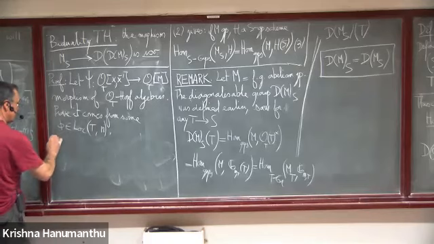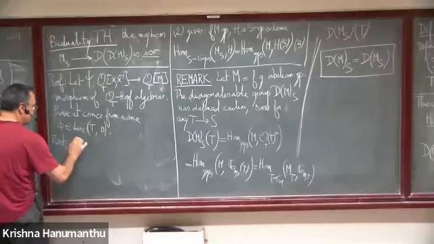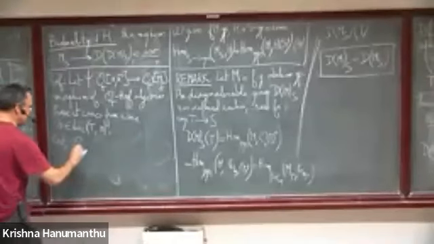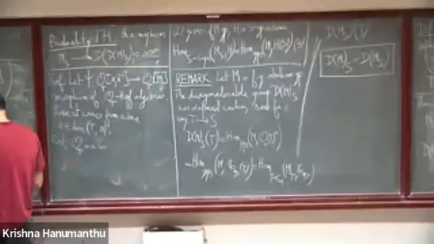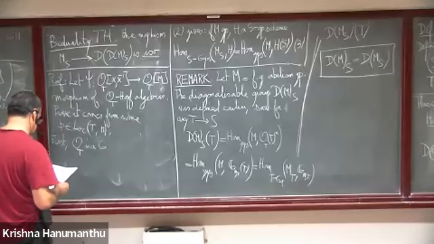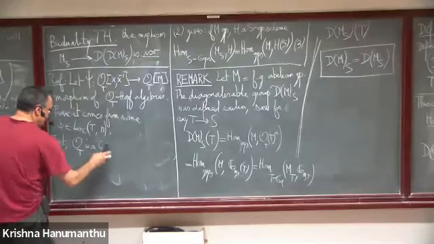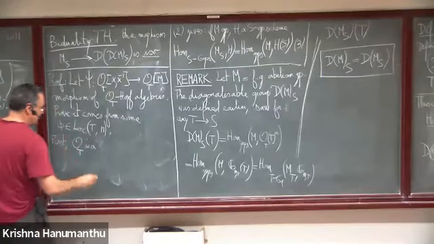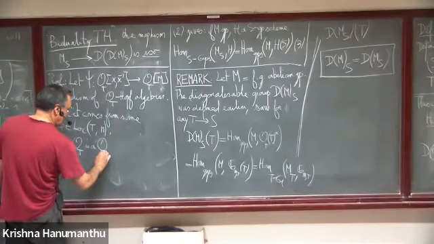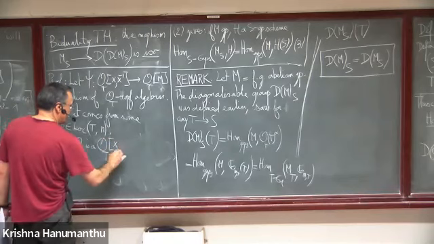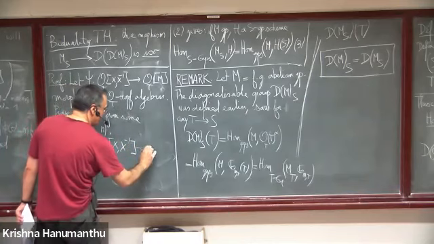So the first observation is that the sheaf O_T itself is a G_m comodule. This is a comodule over this O_T algebra.